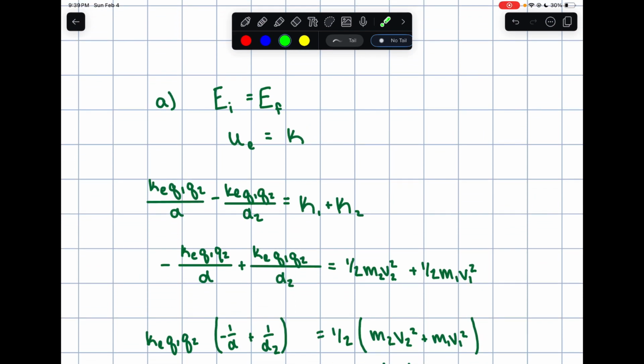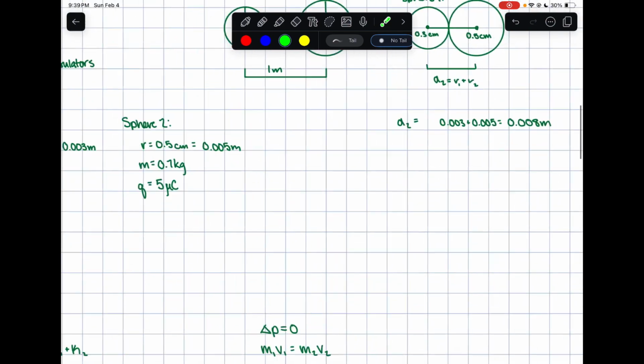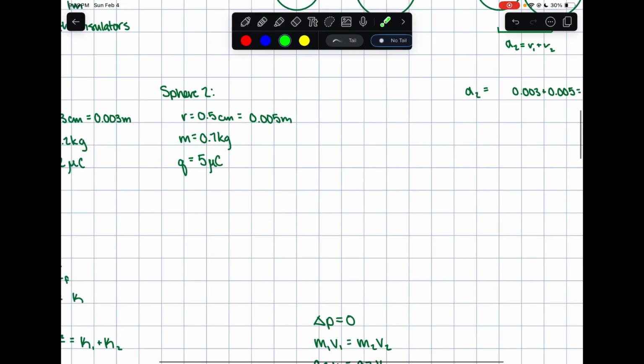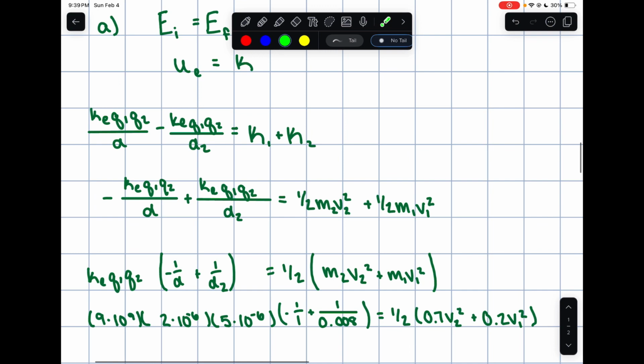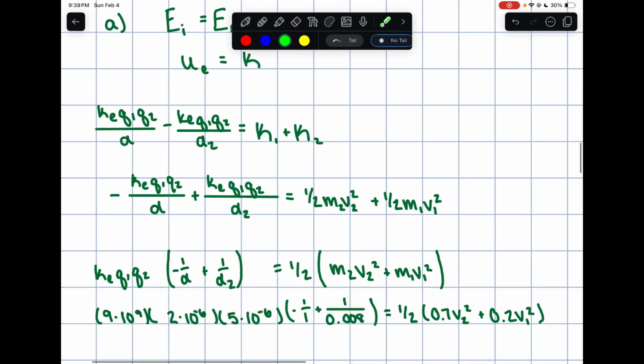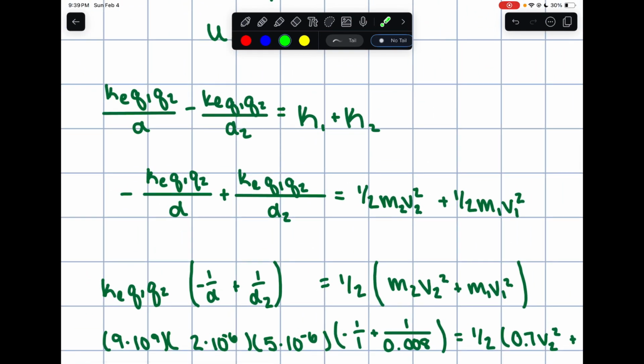For electrical energy, we have one in one way and one in the other, so we have Ke Q1 times Q2 over D minus Ke Q1 times Q2 over D2, which is this new distance between the spheres after the collision, is equal to the kinetic energy of sphere 1 plus the kinetic energy of sphere 2. Now, so we don't have to worry about the negative signs on our charges, we can say Q1 is negative and make this a positive, and we can say Q1 is negative and make this a negative.